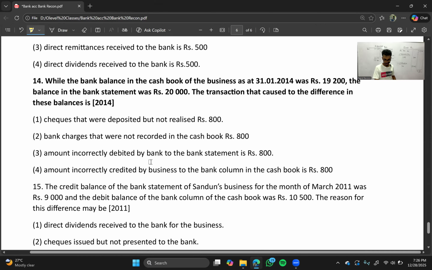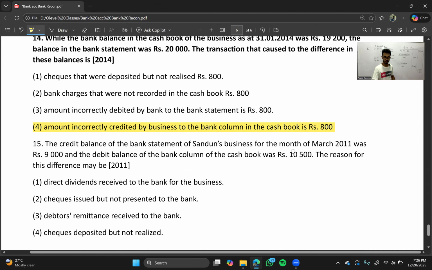The amount incorrectly credited by the business to the bank column in the cash book is 800. Because we incorrectly recorded that amount, the bank account is low.